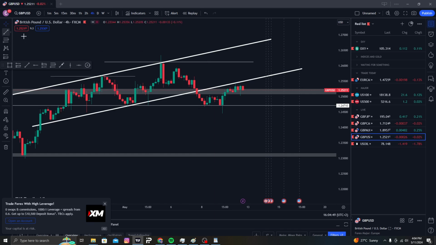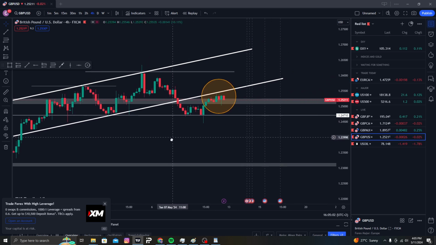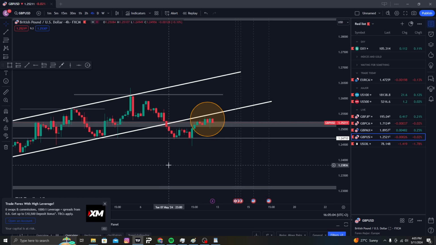Let me tell you something. You see this, price is between, let me draw a square or a circle on it. Now price is between two levels. The level of a downtrend, which is pushing price to the downside, and this level that we created on a daily, which is pushing price to the upside.